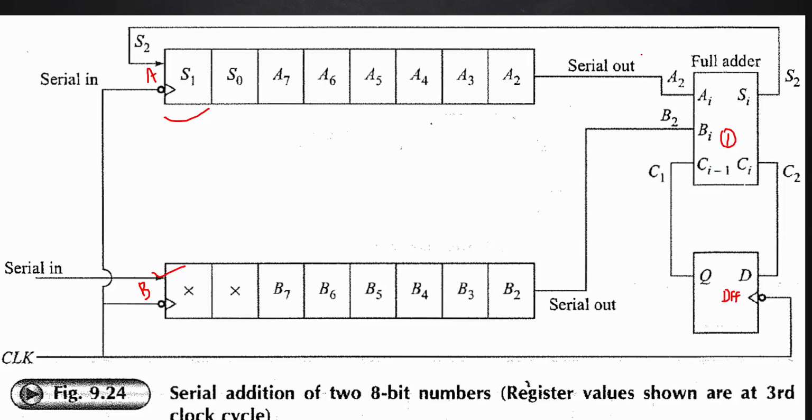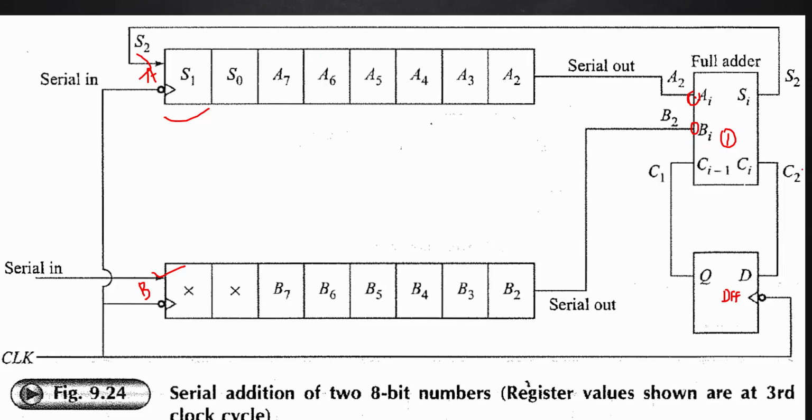We connect the LSB of our A register as an input to the first input of your full adder, and the LSB of the B register as the other input. This full adder circuit will generate two outputs, the sum bit and the carry bit. The sum bit is fed back to the A register itself. That means the result of this addition is stored back in the same first register, the A register.